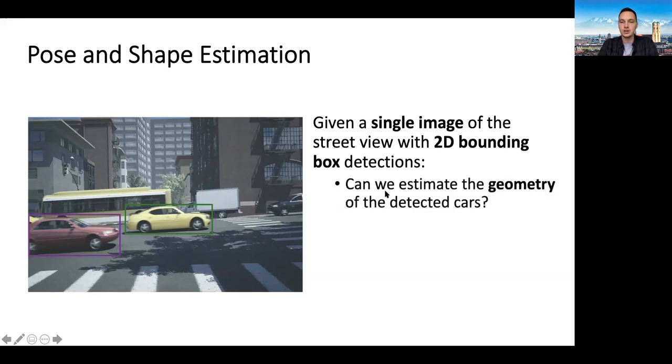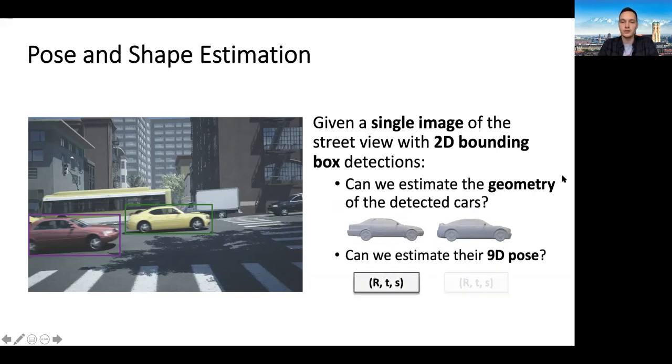The question is, can we estimate the geometry of the detected cars from just RGB values? And also, can we estimate their 9D pose? 9D pose meaning the rotation, translation, and scale of the car. So 3 degrees of freedom for rotation and 3 for translation, and also the dimensions of the bounding box.